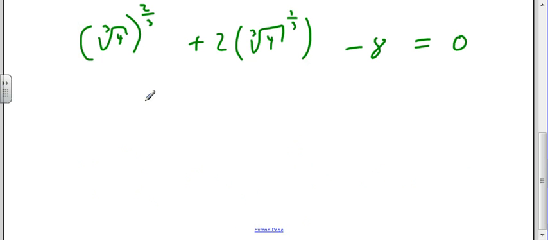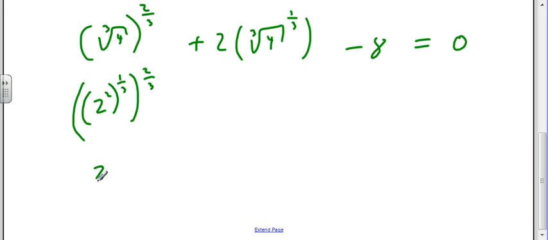So what do I got? I got 2 squared to the 1/3 to the 2/3. Okay, so that looks like 2 to the 4/9 plus 2 times 2 squared.